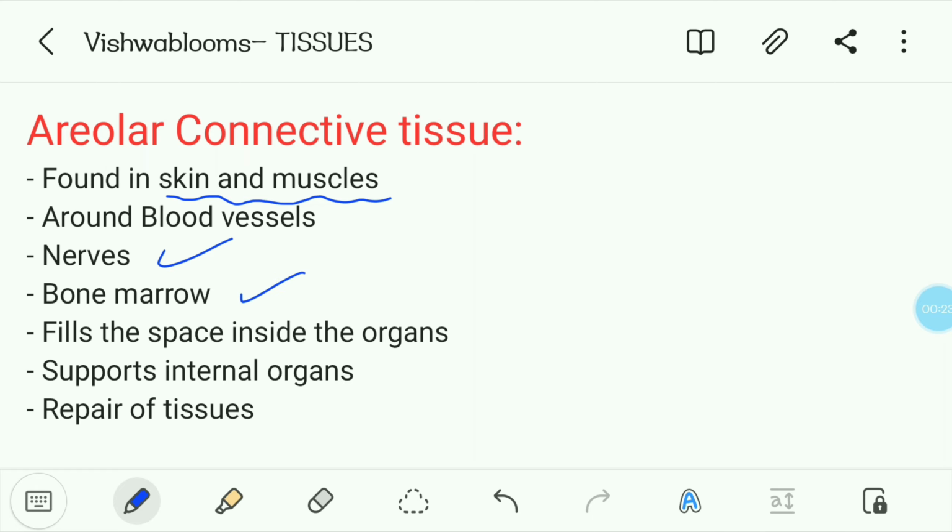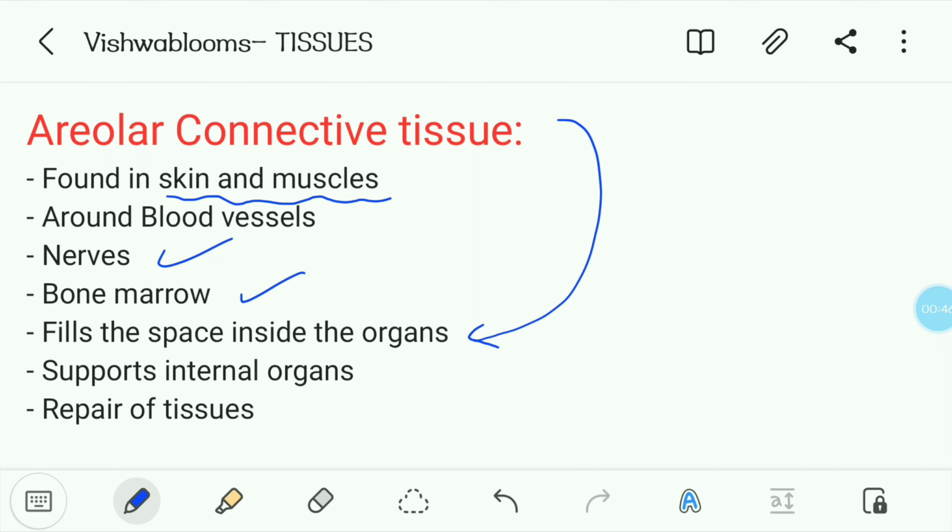This areolar connective tissue will fill the space inside the organs and support the internal organs also. Whatever organs are inside, all the support comes from areolar connective tissue.